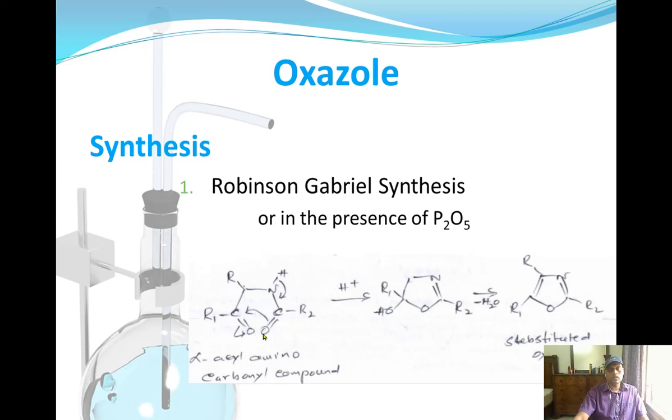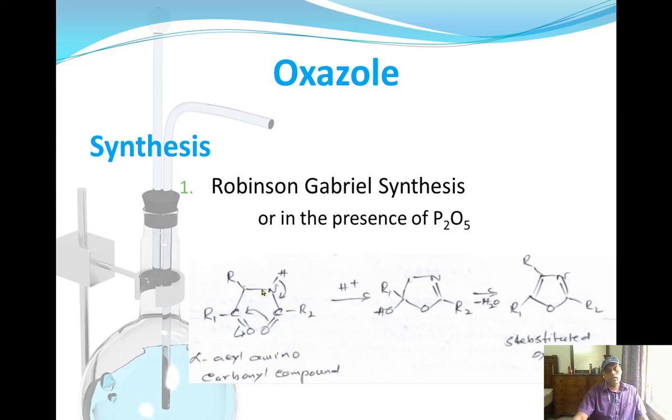The amino group is attached to the alpha position of this acyl group, next to the carbonyl, so that's why it is alpha acyl amino.